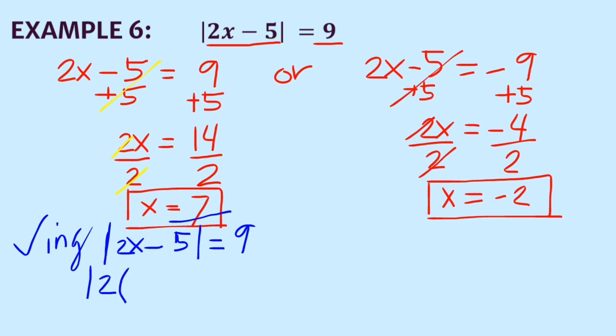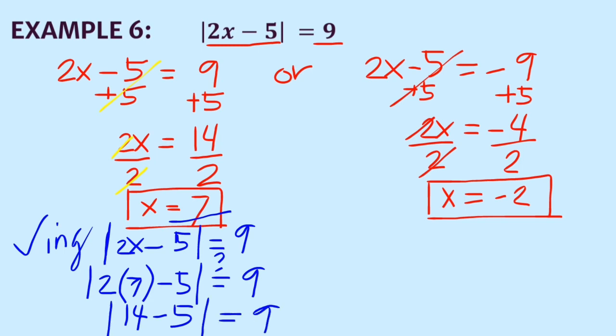So, 2 times the value of our x, which is 7, minus 5 is equal to 9. Now, what is 2 times 7? It is 14 minus 5. What is 14 minus 5? It is 9.